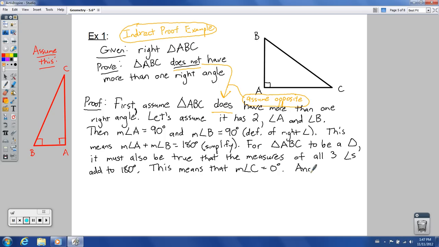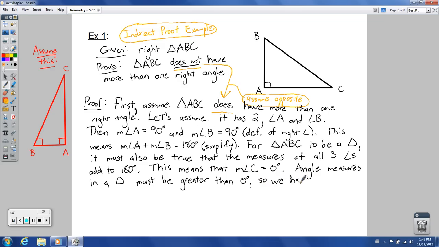However, angle measures in a triangle must be greater than 0. You can't have a 0 degree measure in a triangle because then you don't have a triangle anymore. So it must be greater than 0 degrees. So we got a contradiction there.